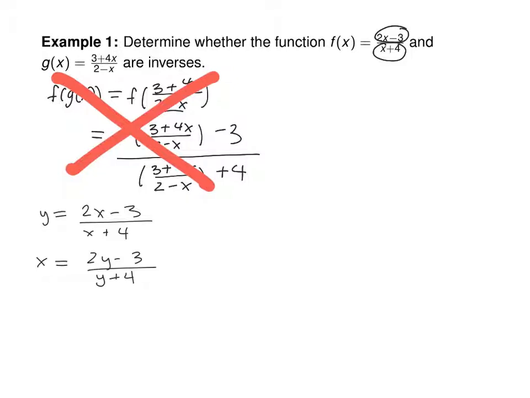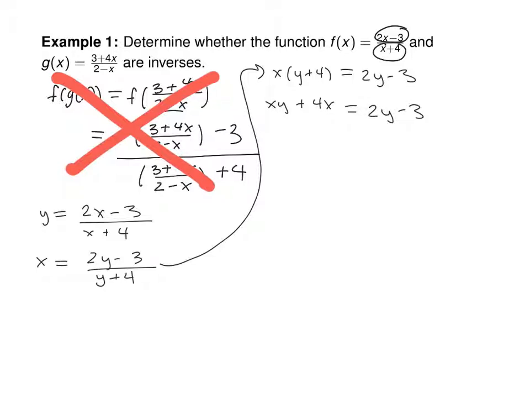What do you do first? Multiply by the denominator, and that will give us x times (y plus 4) equals 2y minus 3. And then what? Distribute the x, yep. xy plus 4x equals 2y minus 3.